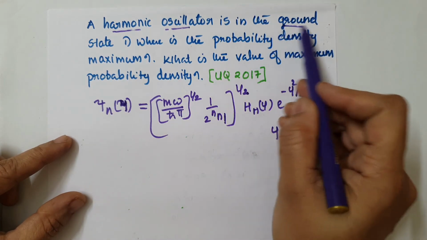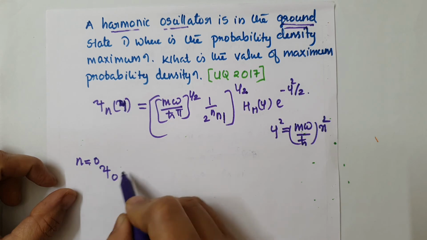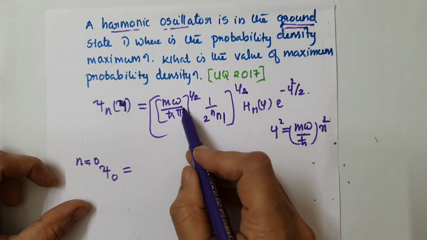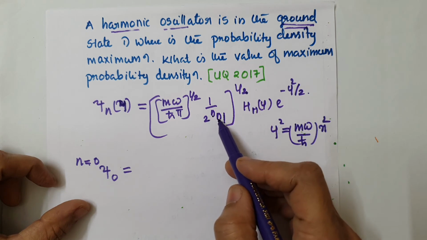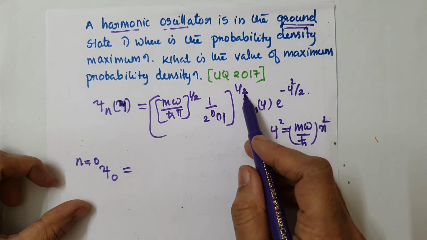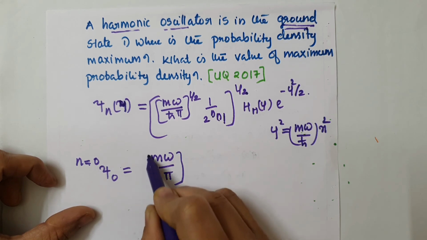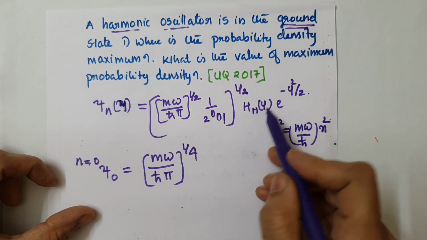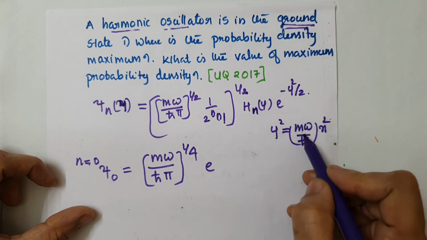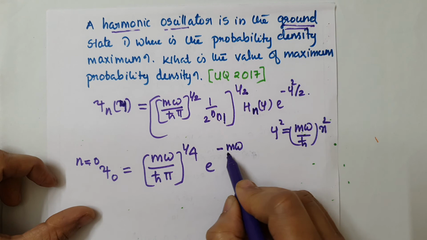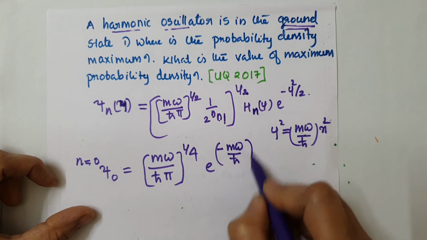For the ground state, n is equal to 0. When n becomes 0, psi 0 is (m omega by h cut)^(1/2) times (2^0 0 factorial)^(-1/2), that is (m omega by h cut)^(1/4), and H n of y, when n is equal to 0, will be 1, times e raised to minus y square by 2, where y square is m omega by h cut times x square, divided by 2.